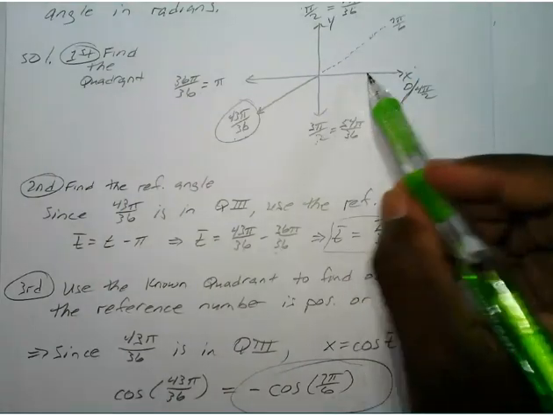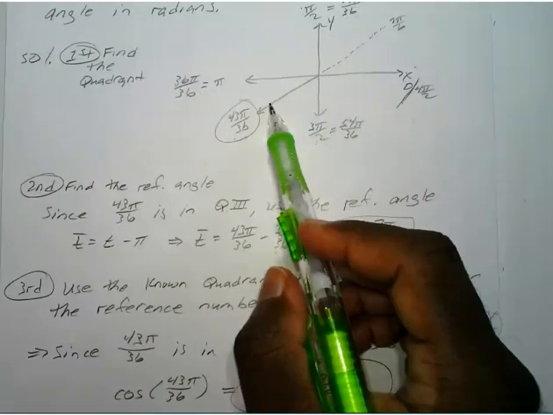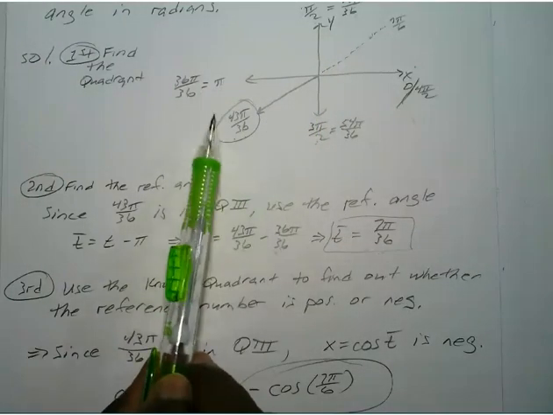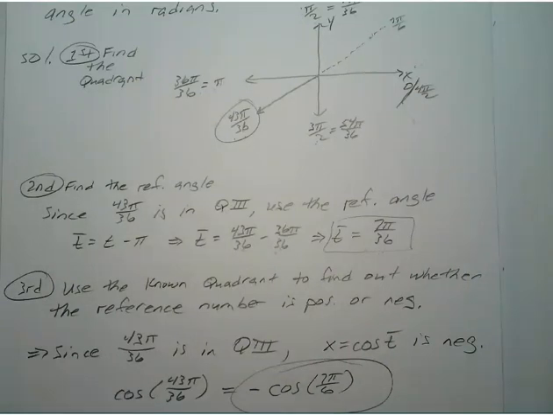So cosine of 7 pi over 6 will be equal to cosine of 43 pi over 36, but it will be negative because it's in quadrant 3. That's all it's telling us. So that's why that quadrant is an important step. All right, so if you are still writing, feel free to press pause, but we're going to go ahead and move on to our next example.